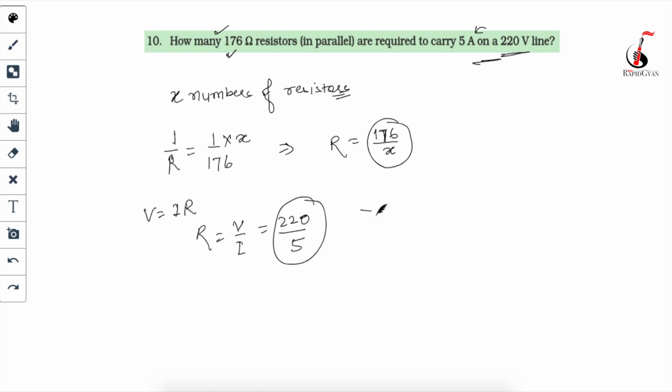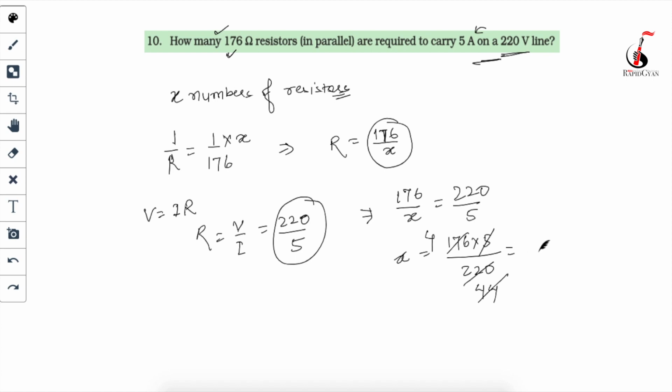Now I will do the cross multiplication. So the value of X will become 5 multiplied by 176 divided by 220. If you divide it, 5 fours are 20, then 44 fours are 176, which is equal to 4. So how many resistors are needed? 4 resistors are needed. That's your answer.